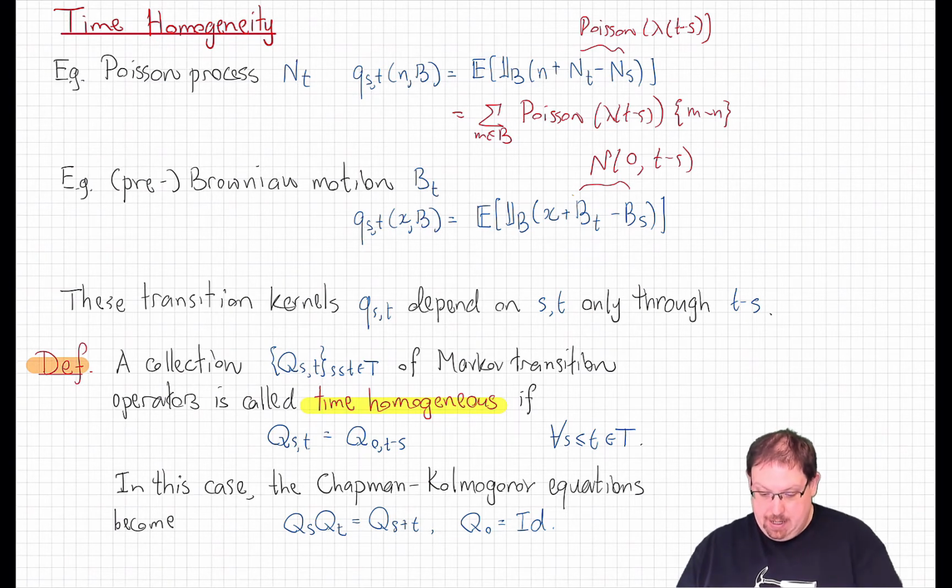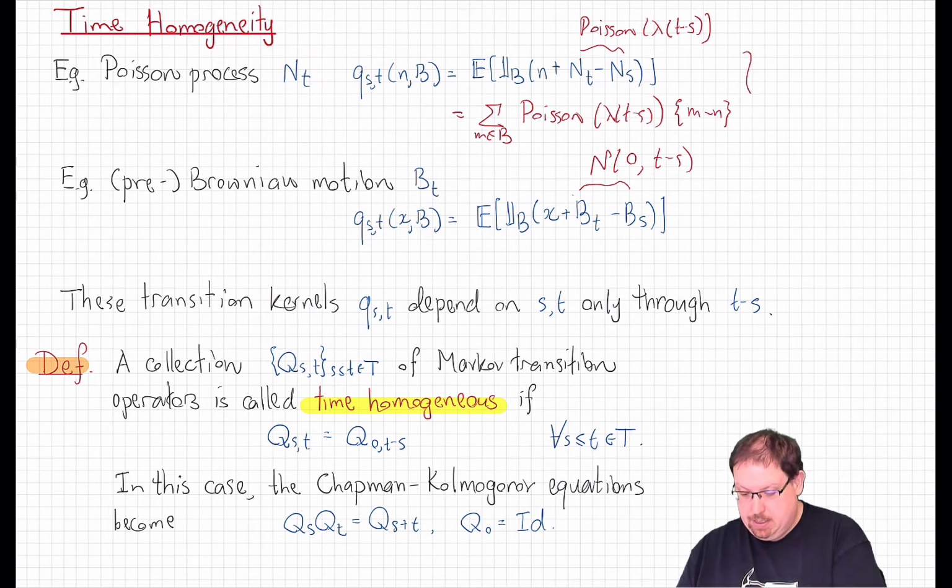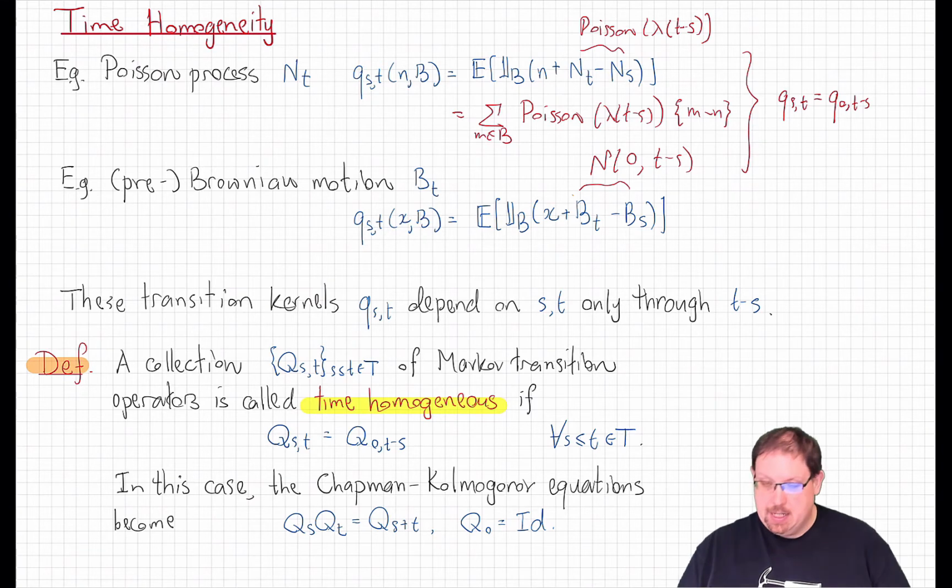So once again, the dependence of the transition kernel on s and t is only through the difference, t minus s. Now what that means, in these examples and any others like them, is that the kernel, Q_st, will take the same value as Q with the first time being 0 and the second being t minus s. After all, these two have the same difference between the two variables.